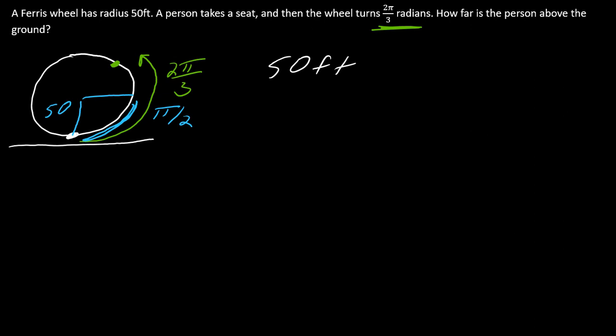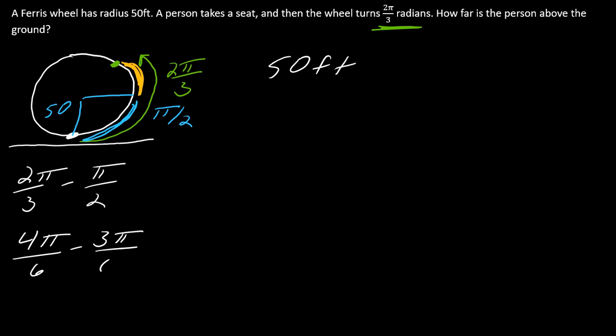Now I need to figure out how far is this little distance in here? You can easily figure that part out. If I take 2 pi over 3 minus pi over 2, I've got to get this in a common denominator, so this will be 4 pi over 6 minus 3 pi over 6. So this little distance here is pi over 6.